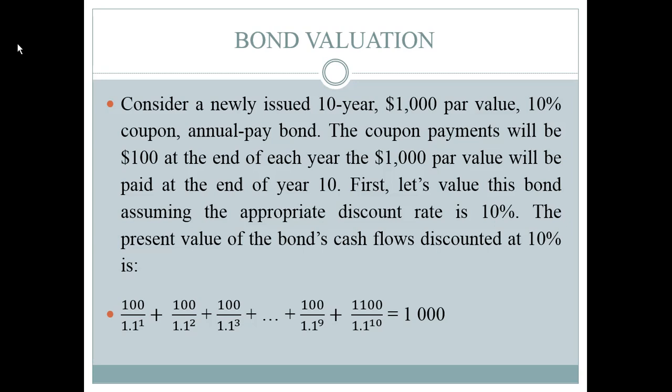So at the end of 10 years, the amount that we're receiving is 1,100. So we discount that also, and then we say the discount rate is 10%. So if you calculate all these discounted cash flows and you add all of them, you're supposed to get 1,000.